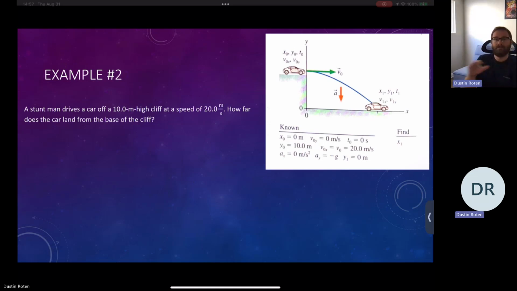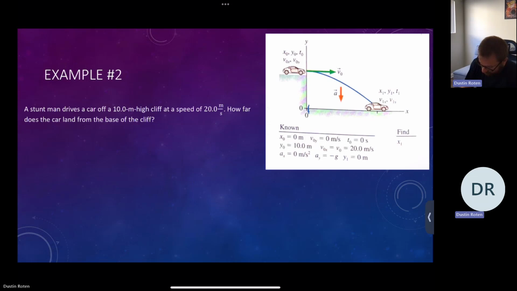It's very useful. For full credit on problem sets, you should always draw a quick sketch of what's going on in these problems. But what we want to know here specifically is essentially, what is this horizontal distance? Well, we've written out everything we know. It looks like our origin is right here at 0, 0.